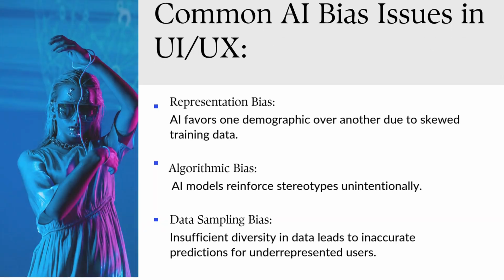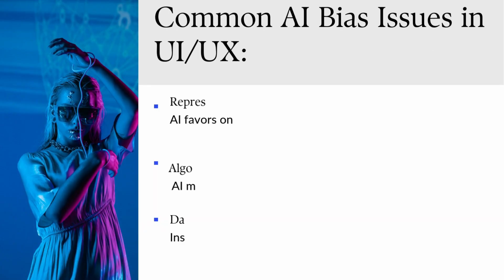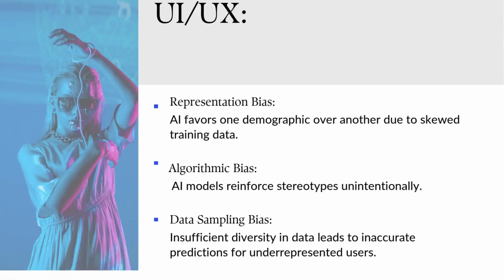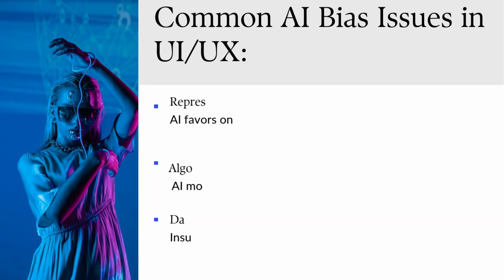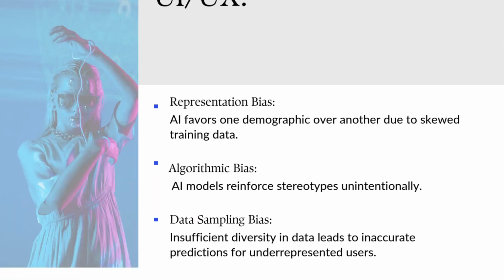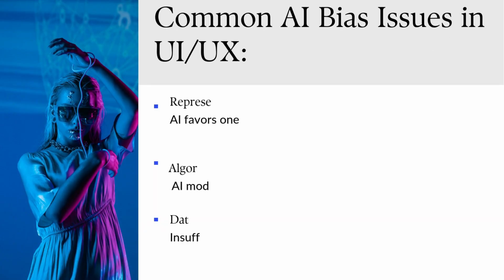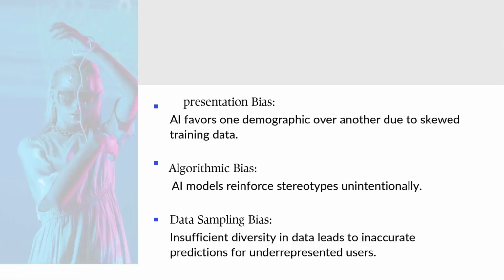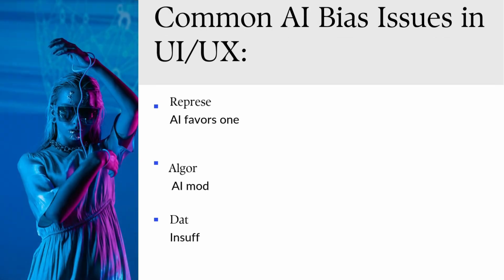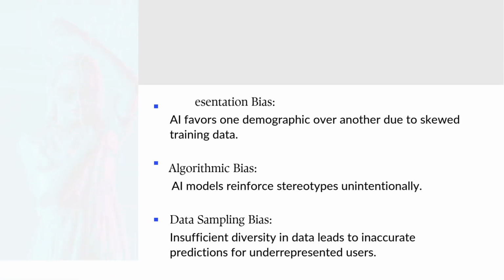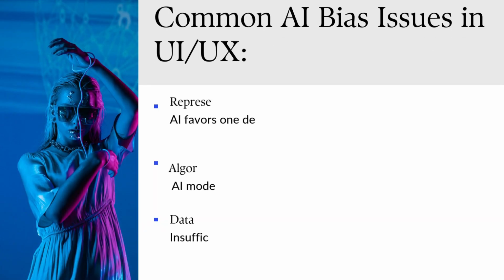Next is what we call the algorithmic bias. With this, AI models reinforce stereotypes unintentionally. Next is what we call the data sampling bias. With this, there is insufficient diversity in data that leads to inaccurate prediction for underrepresented users.